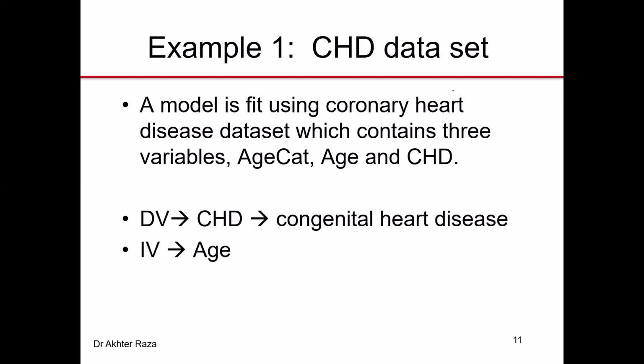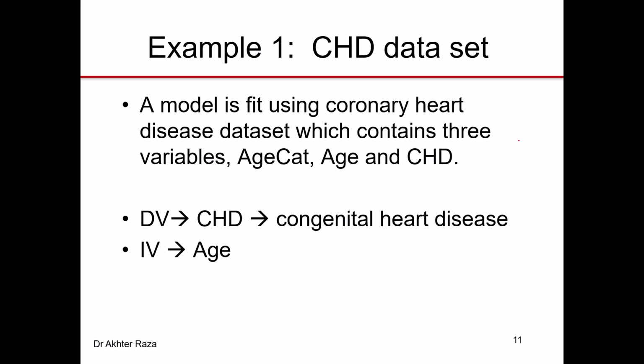Now, example. Now we are considering one complete example of a data set in which we are implementing the logistic regression using R. And this data set has one dependent variable, which is CHD, standing for congenital heart disease, a dichotomous variable.